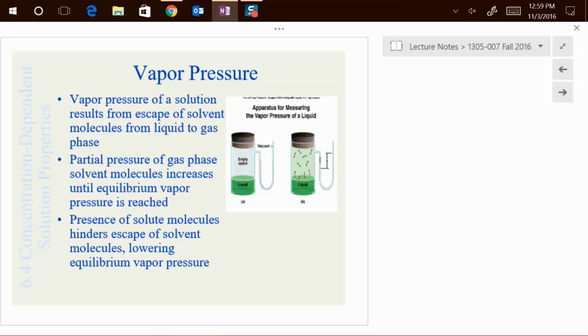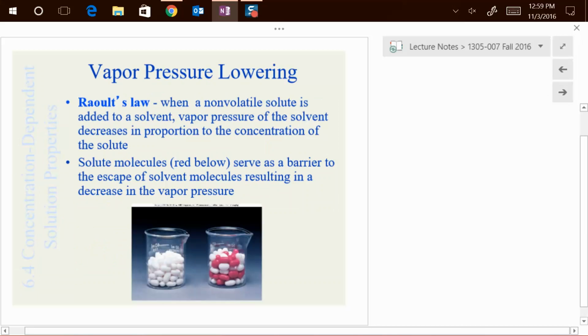Now, you can change the vapor pressure of a solvent by adding something to it. Okay? If I add something to it, then that's going to allow it to change. So Raoult's law: when a non-volatile solute is added to a solvent, like say a salt, the vapor pressure of the solvent decreases in proportion to the concentration of how much you added.